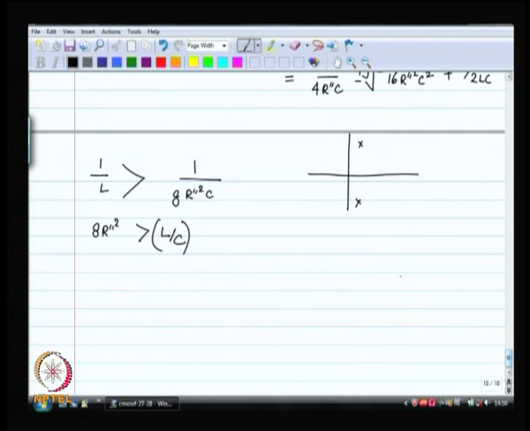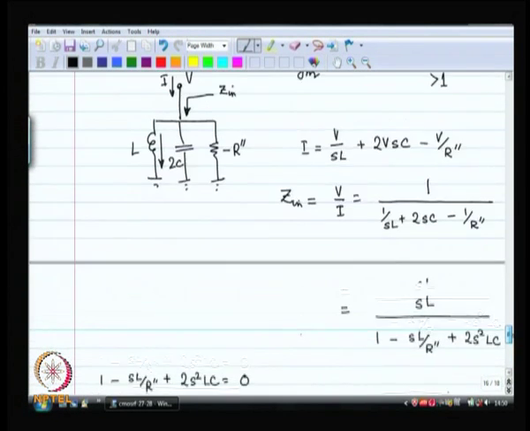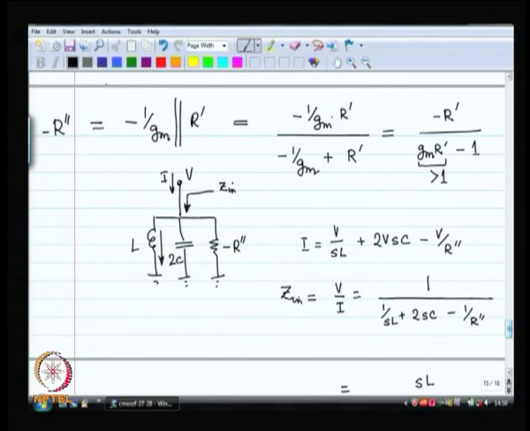All right. So, it is okay to have minus R double prime net negative, it is okay to have such a thing. However, what I am trying to say over here is you have to do it with some restriction.